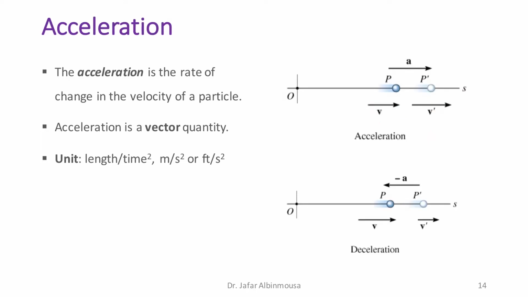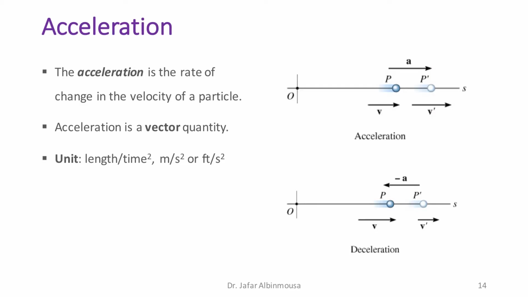Now, we move to the acceleration. Acceleration is the rate of change in the velocity of a particle. So it is the same concept: the rate of change of the position is the velocity, and the rate of change of the velocity is the acceleration.